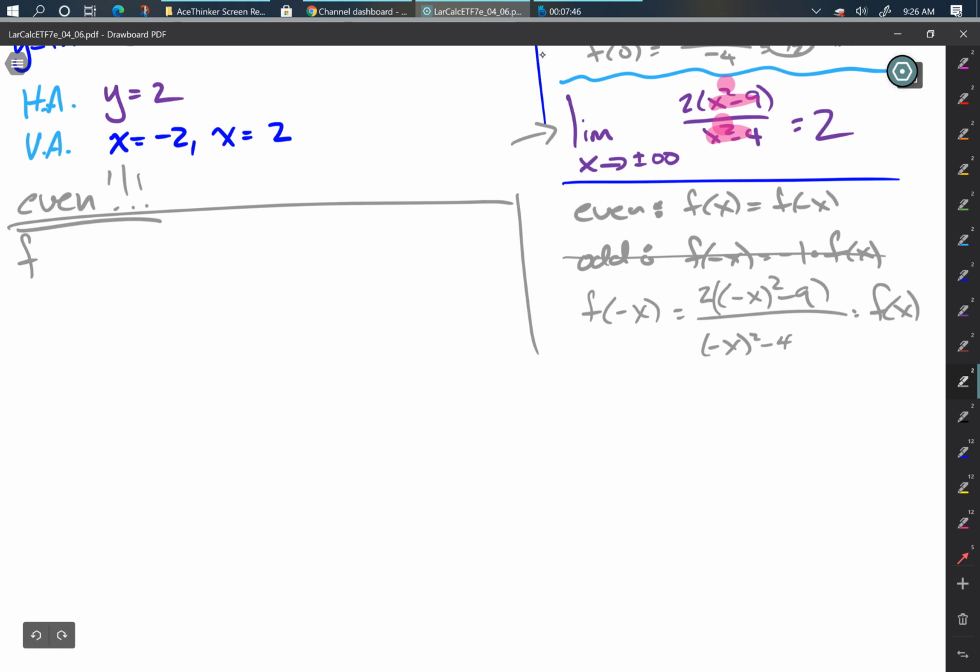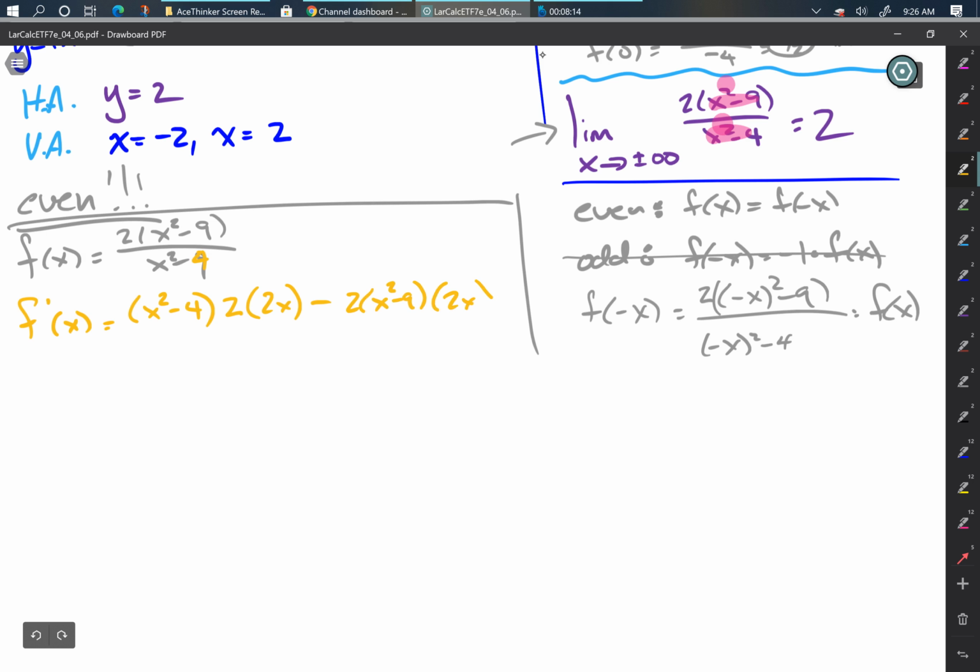So if my function f of x is 2 times the quantity x squared minus 9 divided by x squared minus 4, what's f prime, the first derivative, going to be? Let's see, that's going to be the bottom times the derivative of the top, which is 2 times 2x, minus the top, 2 times x squared minus 9, times the derivative of the bottom, which is 2x, over the denominator, x squared minus 4, squared.